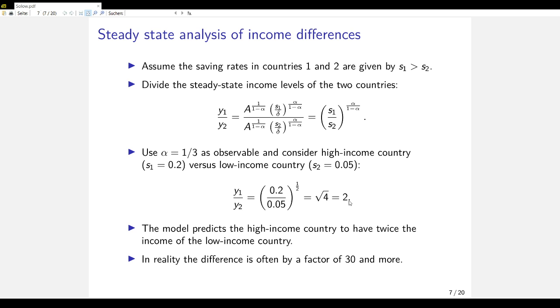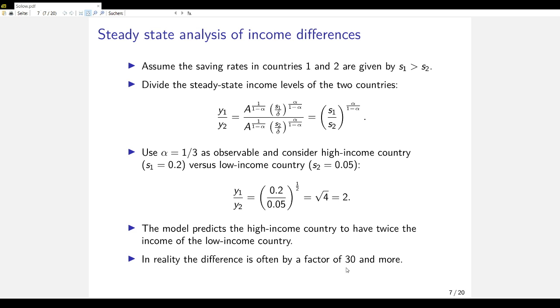Now, if this were the only thing going on between high-income and low-income countries, then the model could not predict the income differences that we actually observe, because in reality the differences between the highest income countries and the lowest income countries are often by a factor of 30 and even more. So from this perspective, the Solow model does not succeed quantitatively.